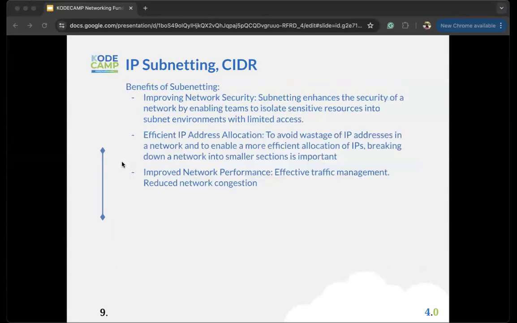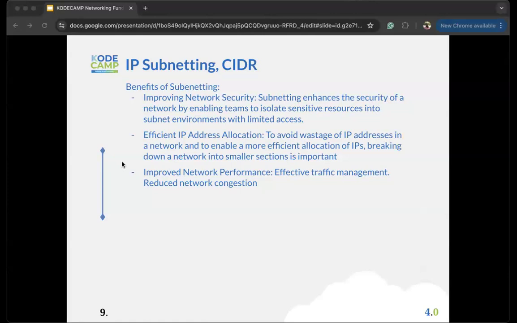Some of the benefits of subnetting, you have that it improves network security, right? It enhances the security of a network that you create by enabling teams to isolate resources and isolate sensitive services into subnets, and then give those subnets limited access.